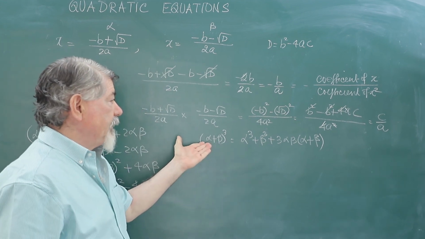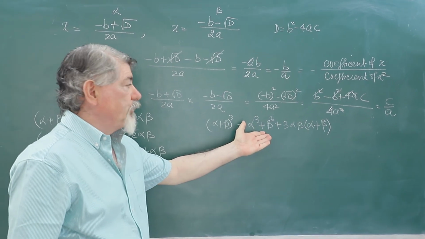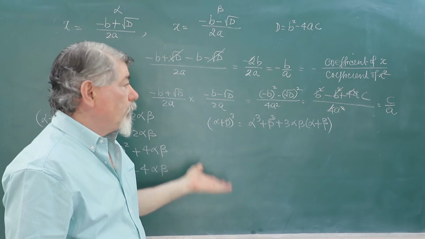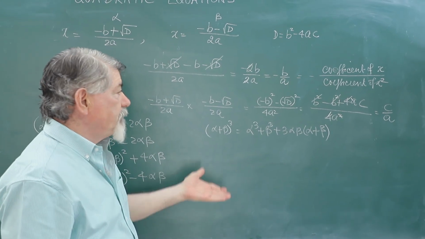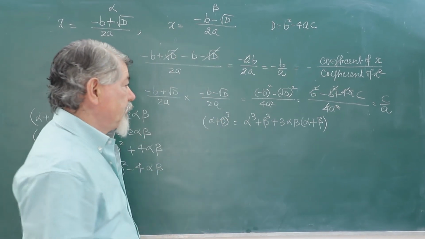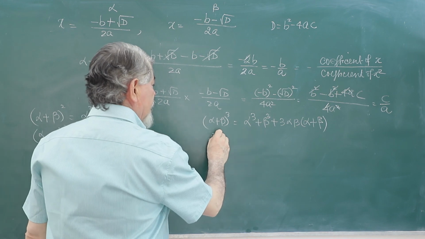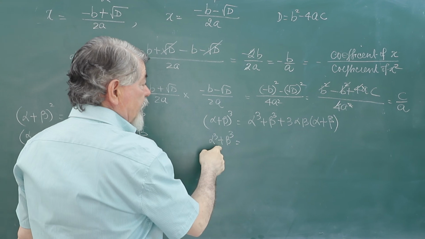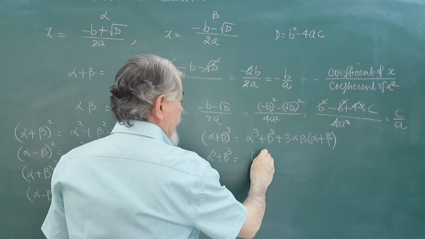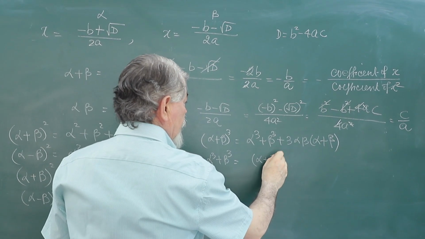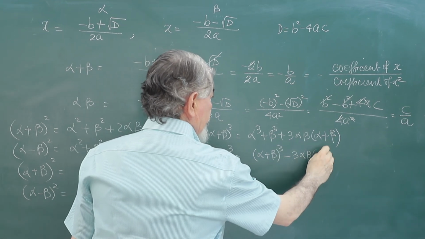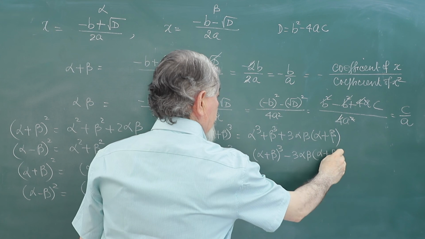It does not matter. a plus b whole cube is a cube plus b cube plus 3ab into a plus b. Instead of that, what I am using is alpha plus beta because we will be using these terms here. Or this could be written as alpha cube plus beta cube, because we will be calculating alpha cube plus beta cube. It will be alpha plus beta whole cube minus 3 alpha beta into alpha plus beta.